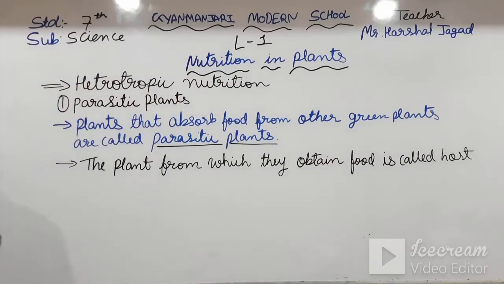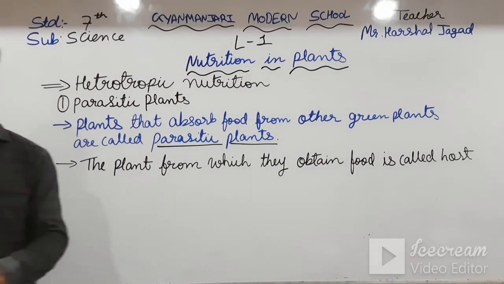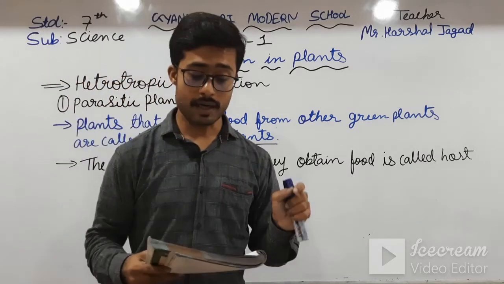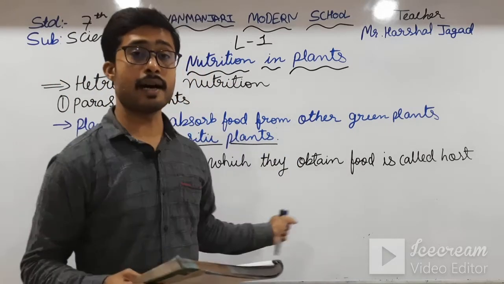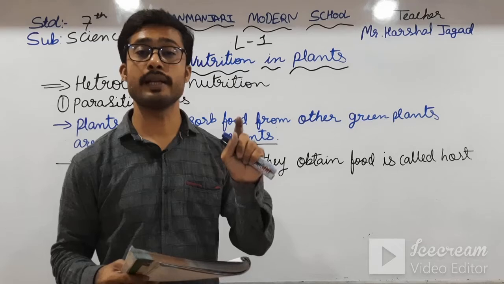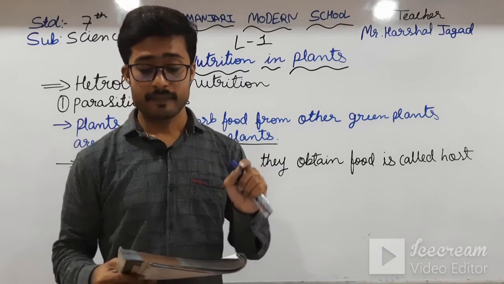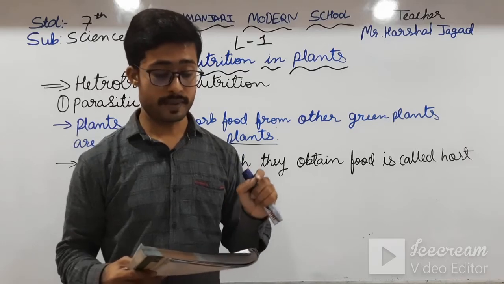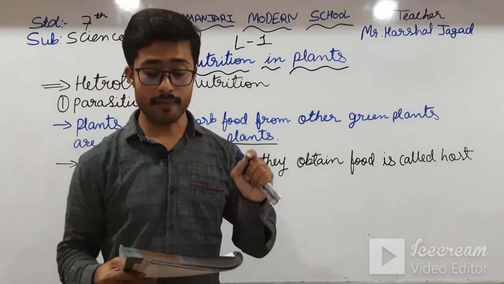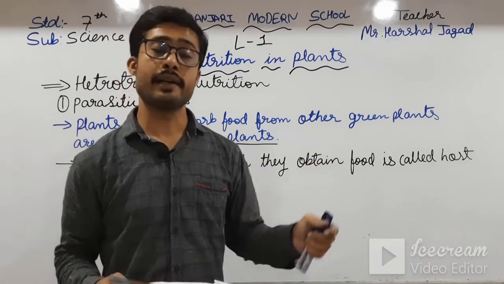Okay, students, now let us just I am reading it again. Parasitic plants are non-green plants. They don't have green color. Since they lack chlorophyll, they contain special roots which penetrate the host plants and absorb nutrition from it.